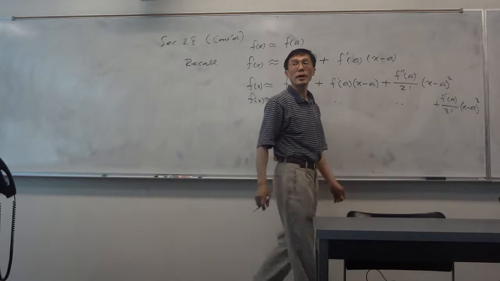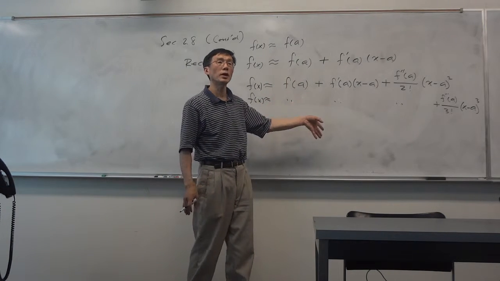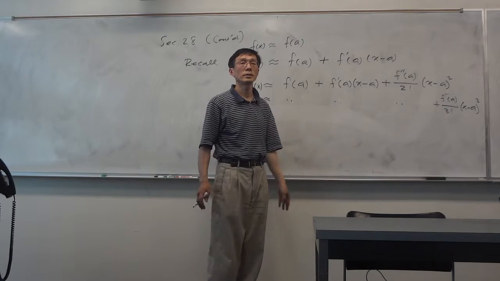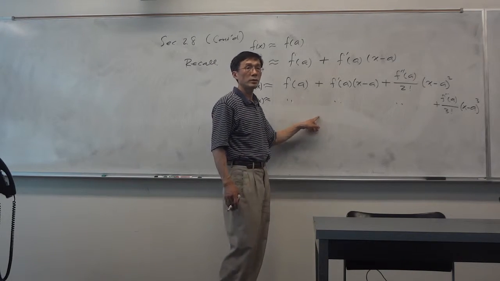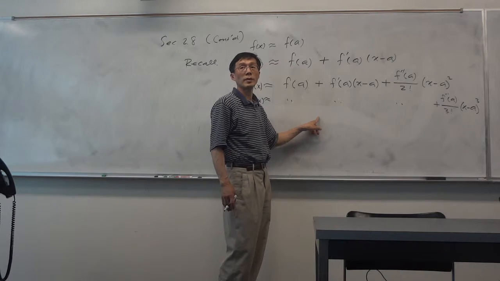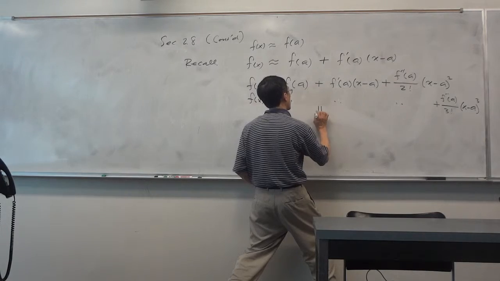All right, now you see a pattern, don't you? And you can imagine this could go on to any degree. And as you increase the number of terms here, the approximation becomes better and better. So you can keep on going.